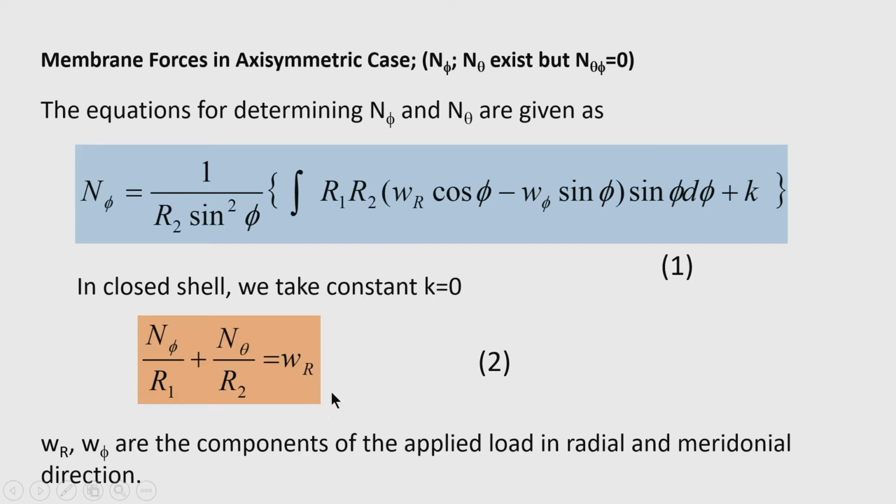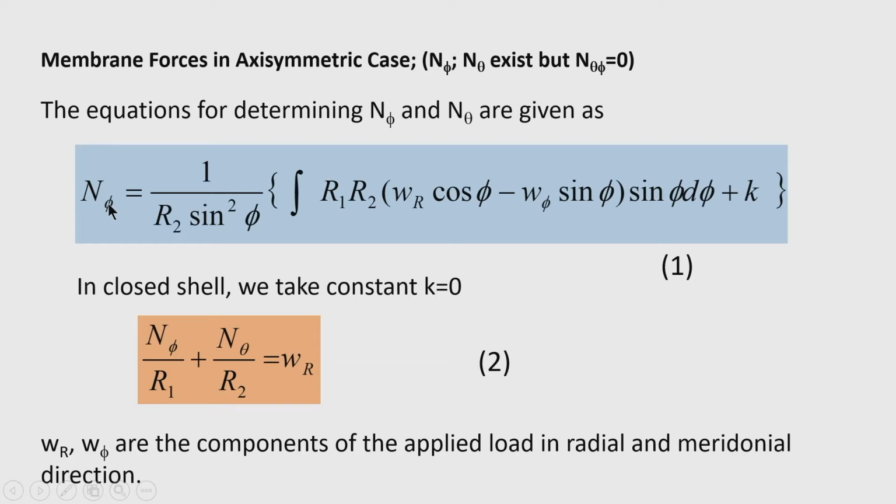That means the component of the load that is acting over the surface of the shell along the radial direction, and there are other components: W phi along the meridian direction, whereas W theta is taken as 0. So, these are the cases we have to consider here.